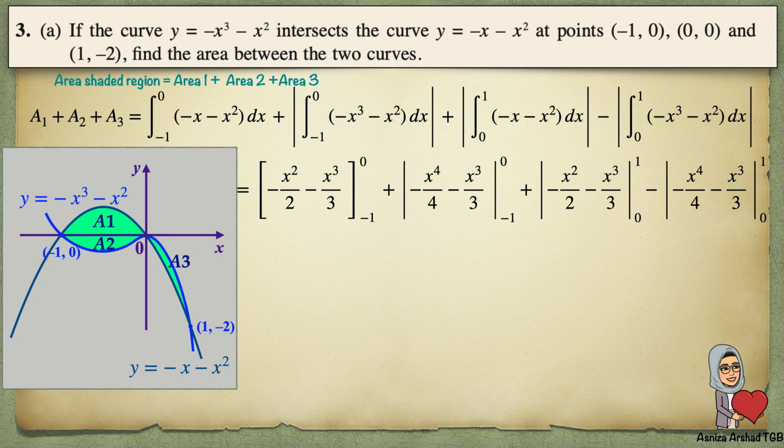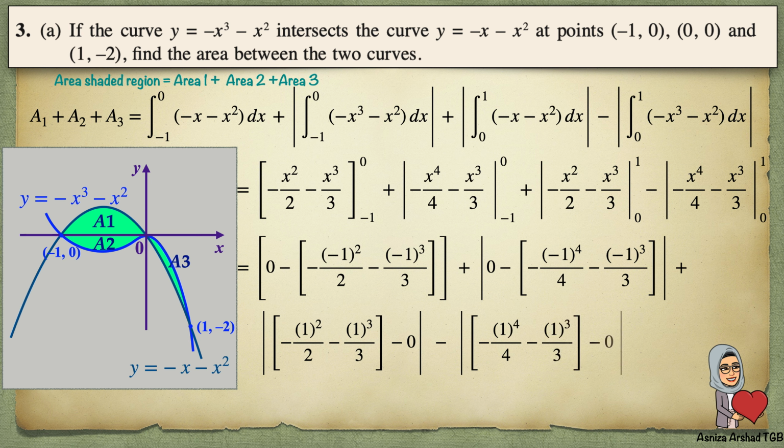Let's substitute the upper limit and then subtract the substitution of the lower limit. Finally we have the area as 5 over 6.